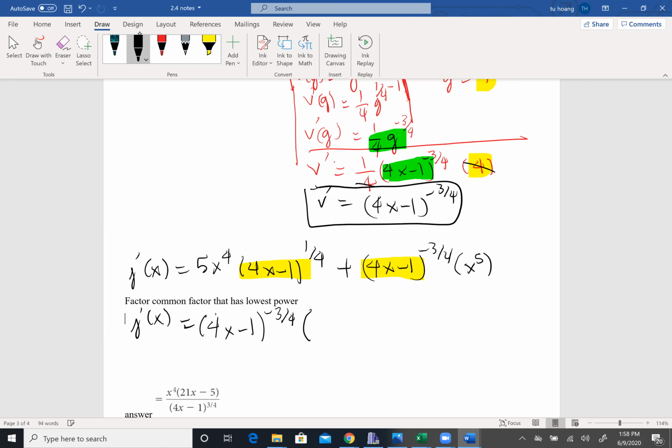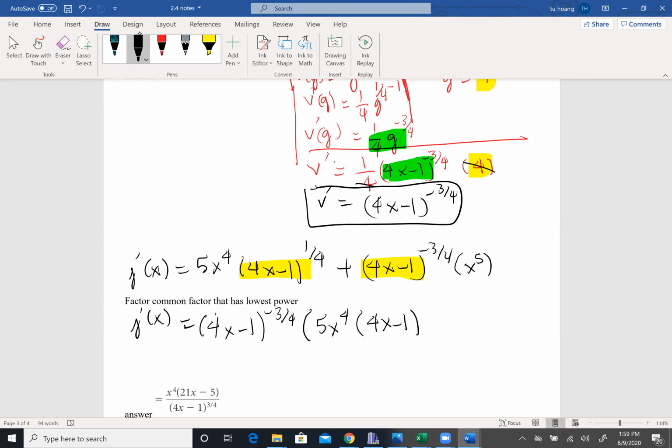And then inside of the first term will be 5x to the 4 times 4x minus 1. Okay, now watch out. You are trying to take away a factor of 4x minus 1 to the power negative 3/4.